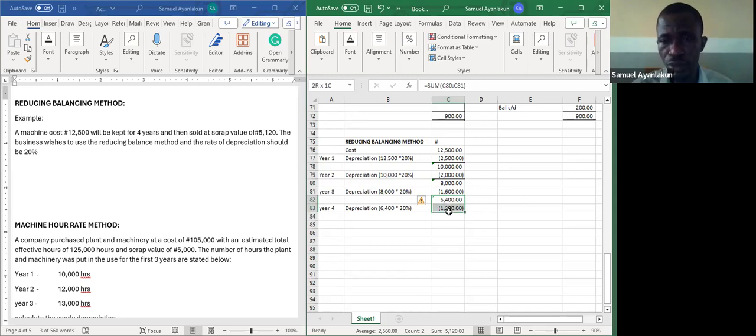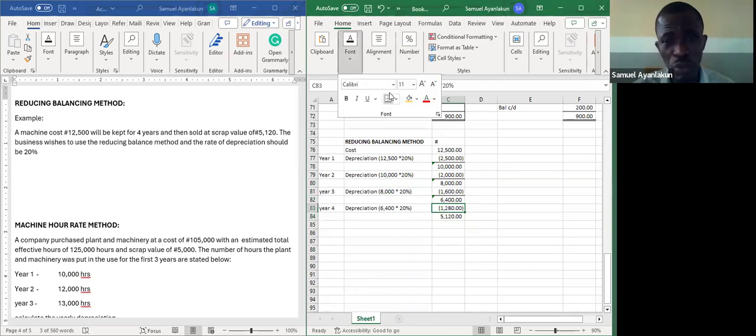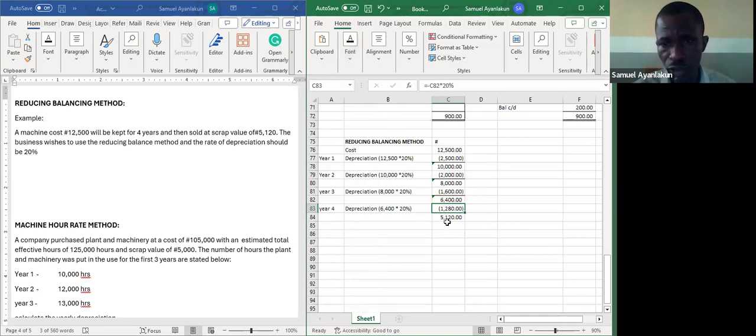So what will be the balance at the end of the fourth year? We have 5,120, which happens to be the amount that will be sold as scrap.